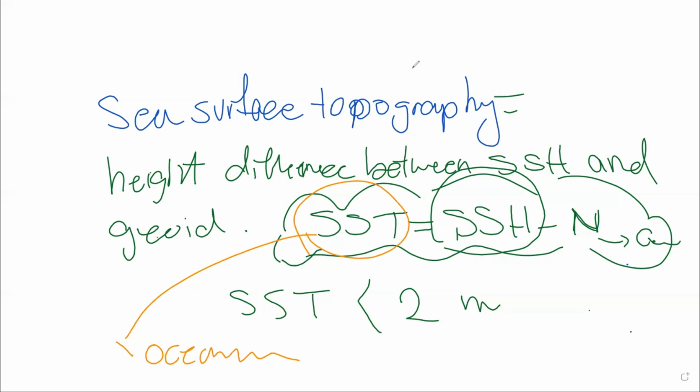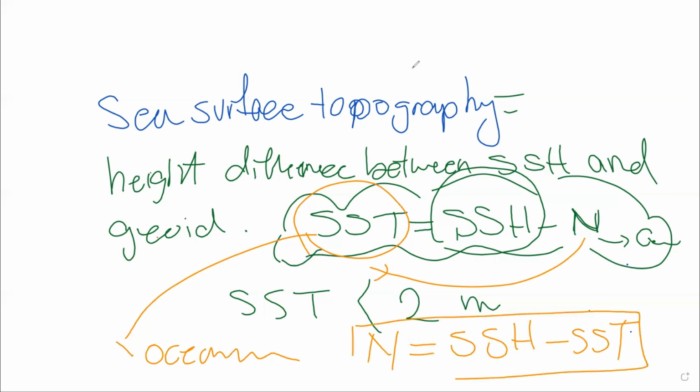So in the case that SST is known, it is enough that the geoid N is SSH minus SST. So that's the geoid over ocean.